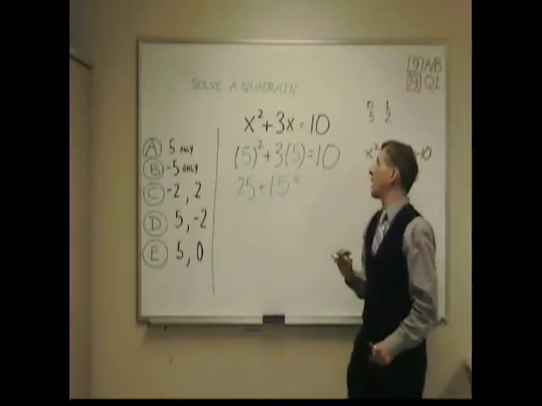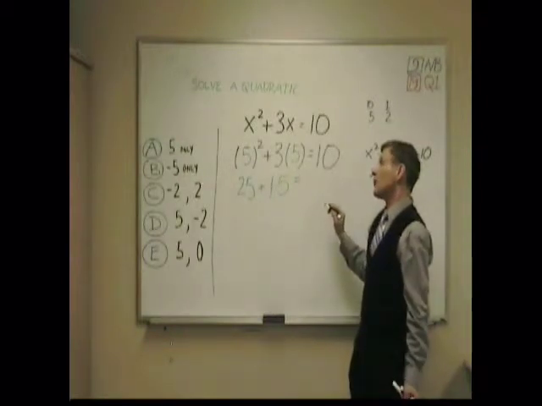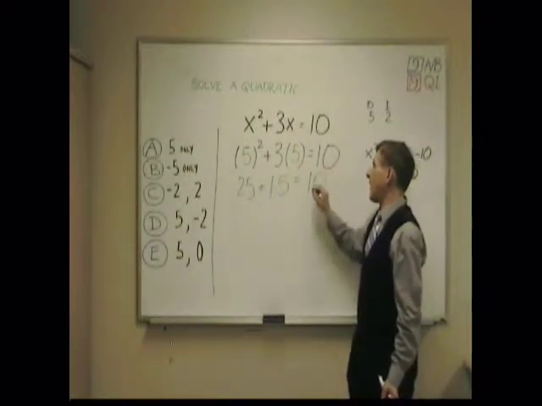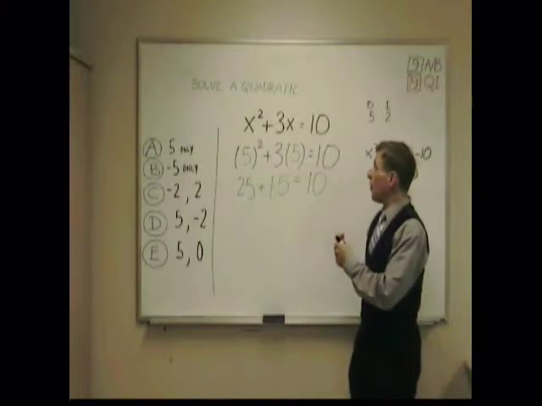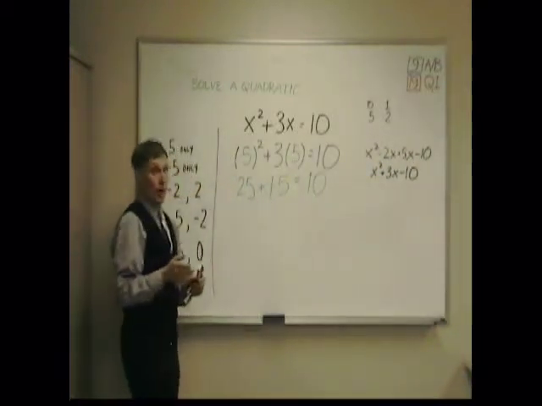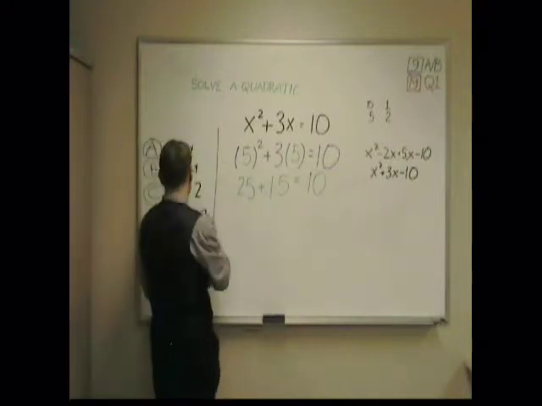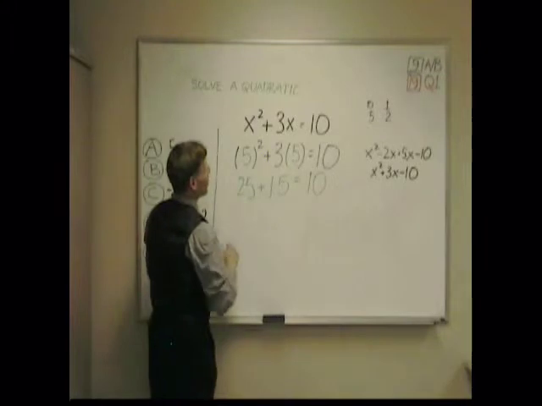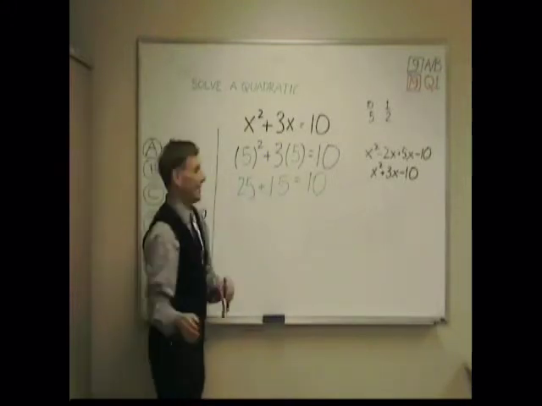And 25 and 15 equals 40. It does not equal 10. So A cannot work. A cannot work because 25 plus 15 does not equal 10.